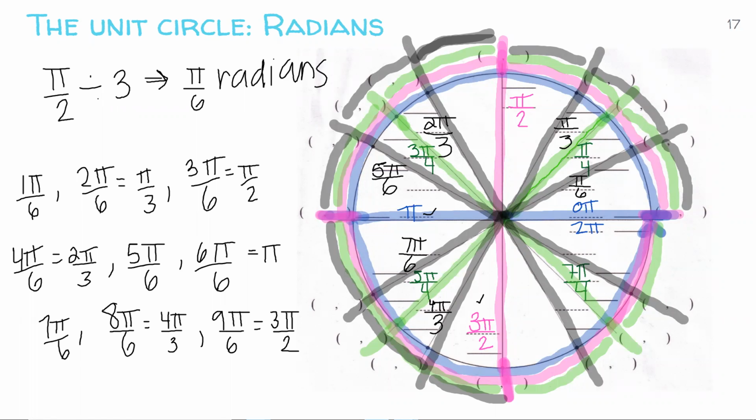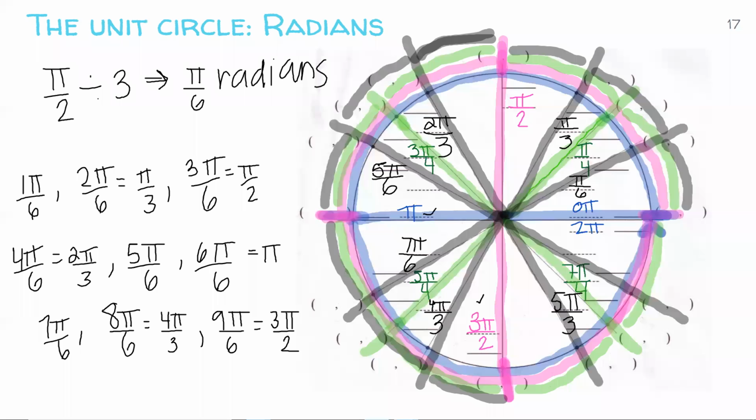So 9 pi over 6, adding 1, that's going to give us 10 pi over 6. But we can see 10 pi over 6 is going to reduce. 10 pi over 6 is going to give us 5 pi over 3. So that arc length is going to be 5 pi divided by 3.